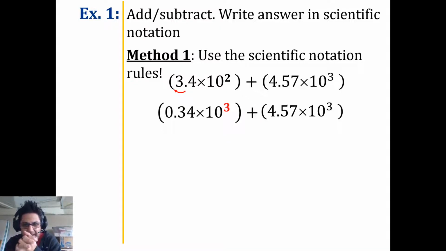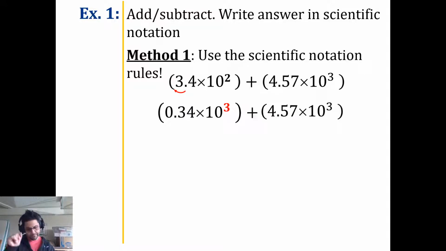Now, if that really isn't making that much sense to you, then maybe method 2 is your option. But we'll get to that in just a moment. Now that I have the same exponent and you have a calculator, all I need you to do is add up your decimal numbers. Maybe you can even do it in your head: 0.34 plus 4.57.